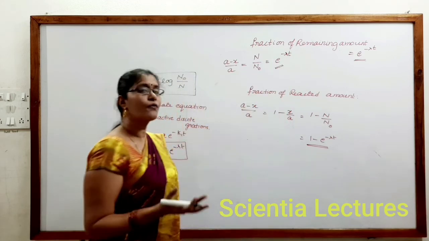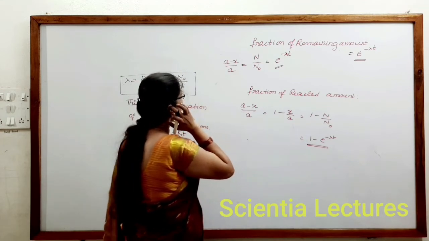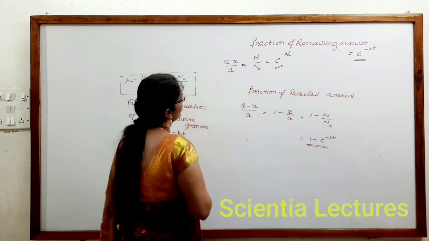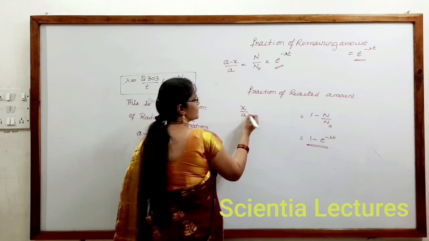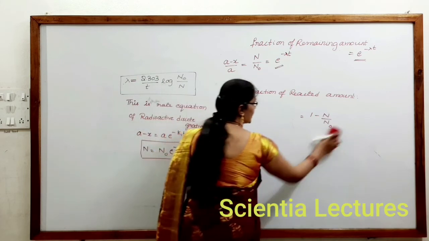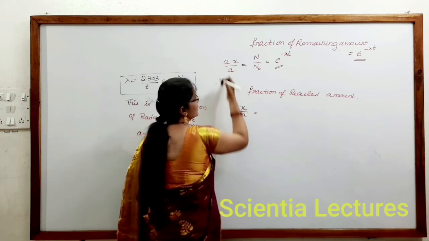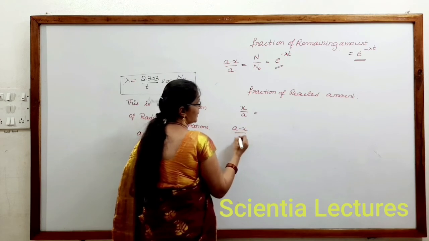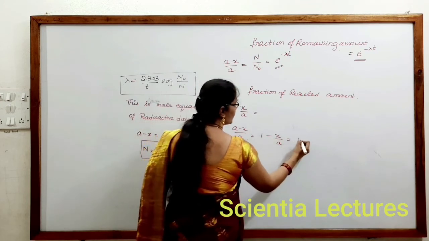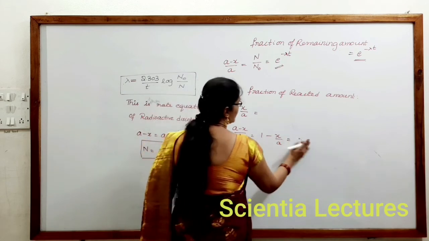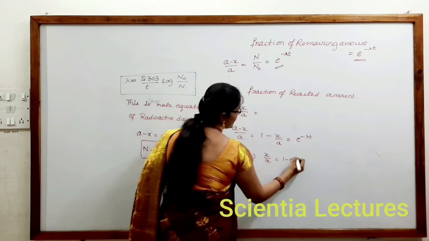What is the fraction of reacted amount? They'll ask sometimes. The remaining amount is A minus X by A, so the reacted amount is actually X by A. X by A could be written as 1 minus A minus X by A, which is equal to 1 minus e power minus lambda t.